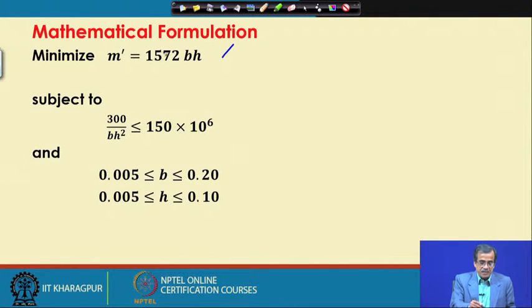So, minimize m prime, that is 1572 multiplied by B multiplied by H, subject to the condition that the developed stress, that is 300 divided by B H square, should be less than or equal to the allowable stress, that is 150 multiplied by 10 raised to the power 6 Pa, that is Newton per meter square, and B is lying between 0.005 and 0.20 meter and H is lying between 0.005 and 0.10 meter. So, this is nothing but a constraint optimization problem.